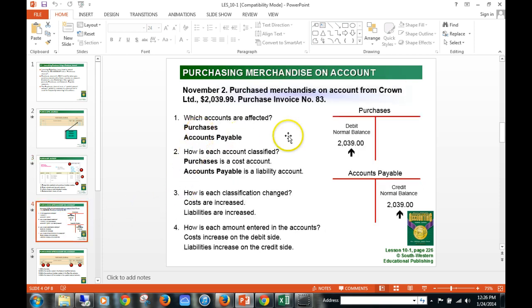Which accounts are affected? Again, purchases is always going to be debited. Accounts payable is always going to be credited, no matter what. Accounts payable is a liability account.